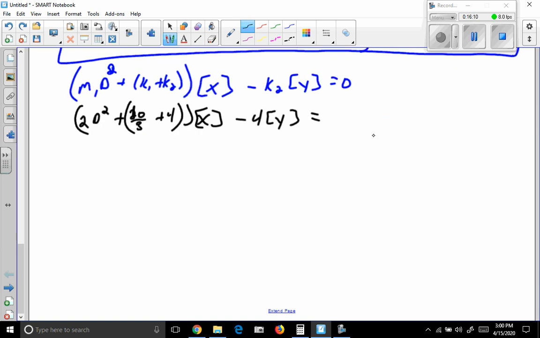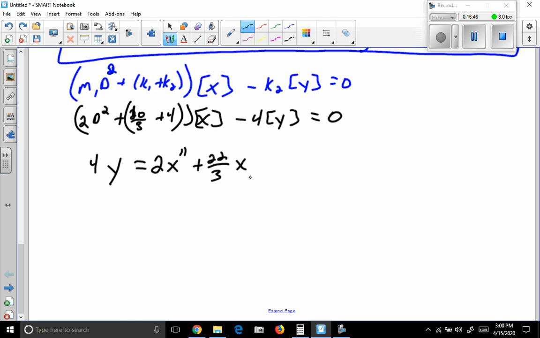If we move the 4y to the other side, that's just 4 times the function y. So we have 4y equals, and we flipped, twice the second derivative of x, so 2x double prime, and then whatever this is times x. That was our 22 thirds, our coefficient of x.